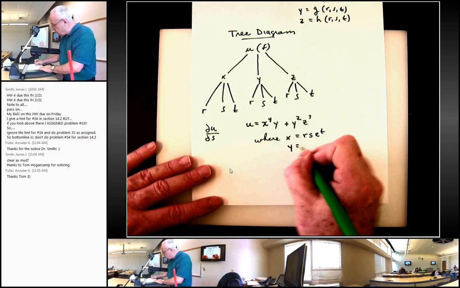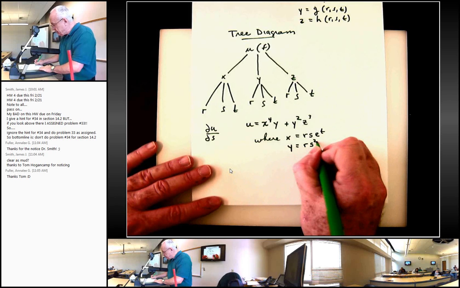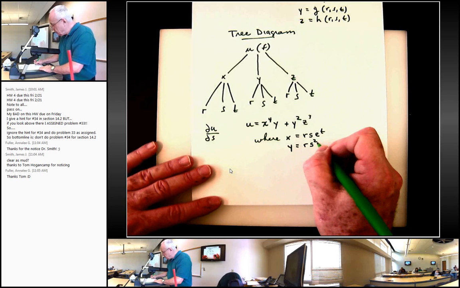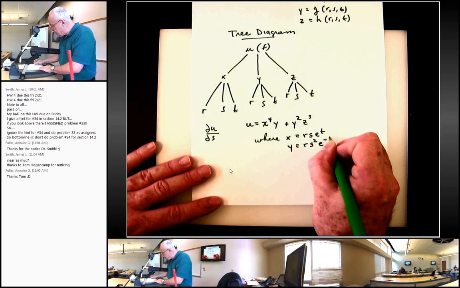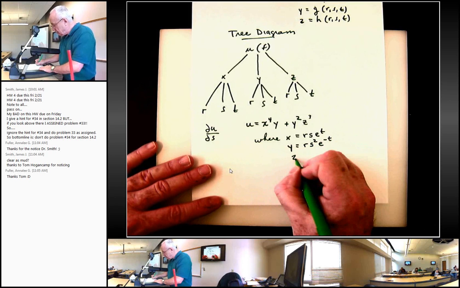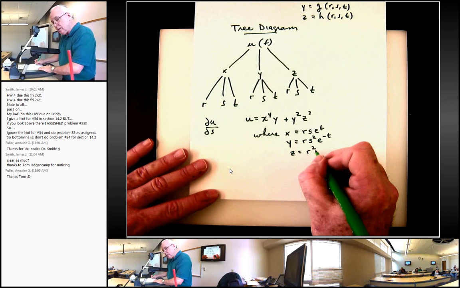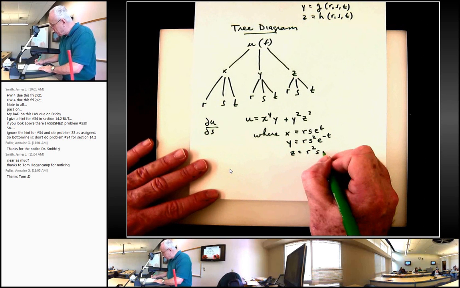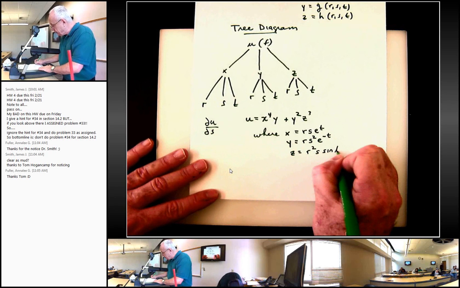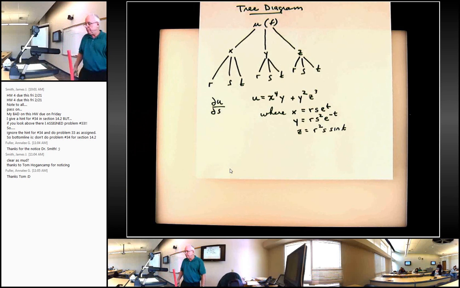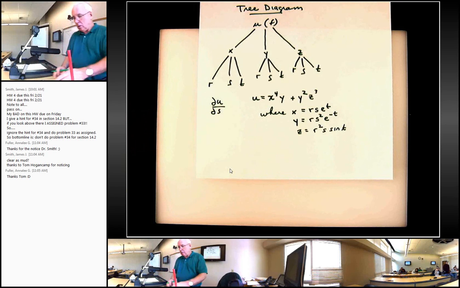Y is equal to R times S squared times e to the negative t. And Z is equal to R squared times S times the sine of t.